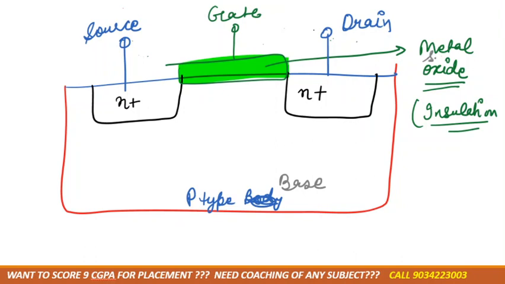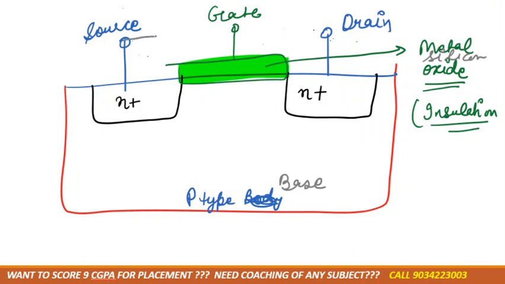We basically use silicon dioxide for insulation, so that current would not transfer from source to drain, or from drain to source. Clear up to here? Draw this diagram. Till now we haven't provided any supply.